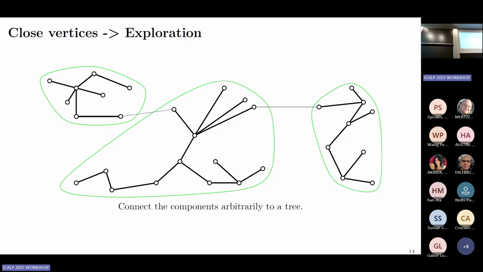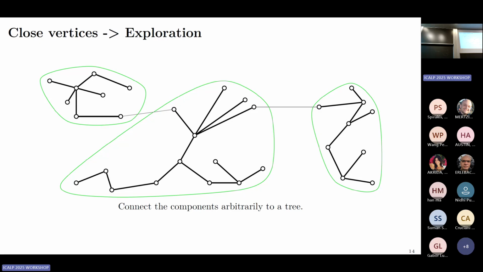So now the total time I need to traverse this tree is: I have at most n edges, which all take at most square root n rounds to traverse, and I have square root n edges, which take at most n rounds to traverse. So if I take this together, I take n square root n rounds.